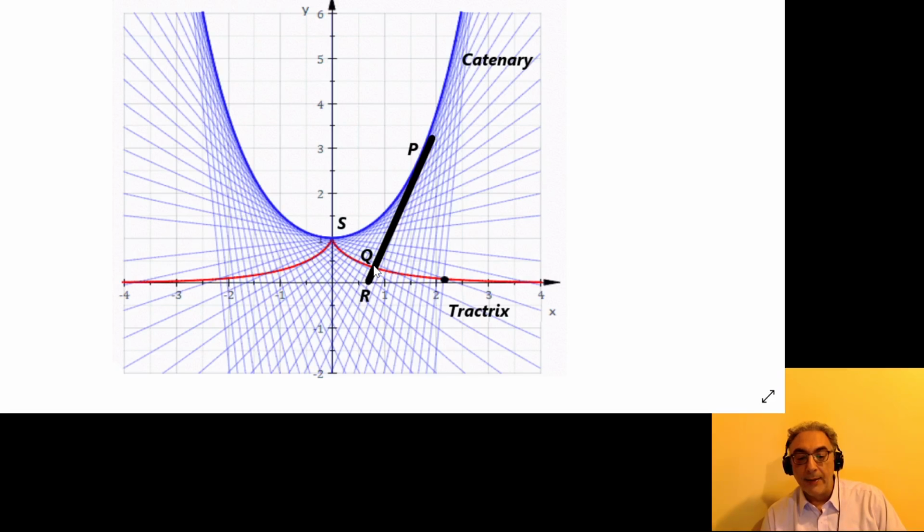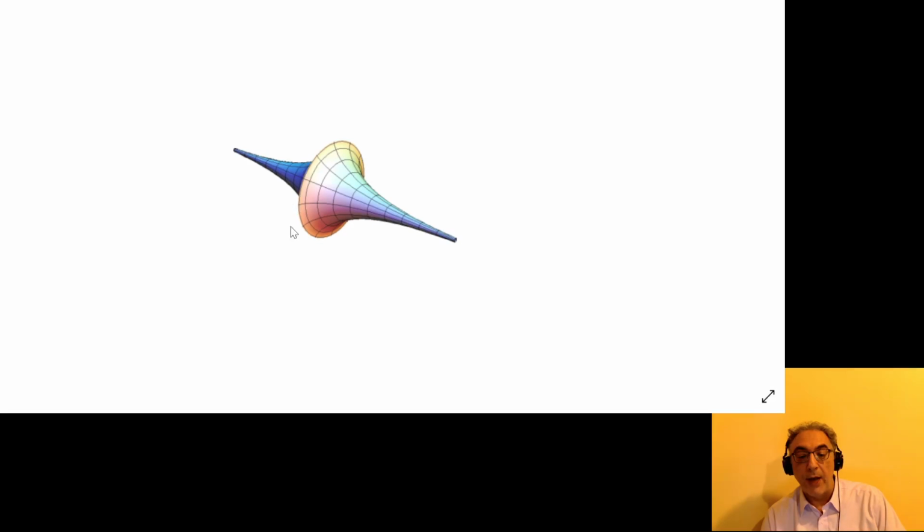Now we have to relate, since we have in the cross-section these two curves, this point, first of all, with respect to the length of this segment here, which is the tangent to the catenary, or equivalently, the normal to the tractrix, and this distance here, QR, which is the length from the point on the tractrix to the axis of symmetry of the pseudosphere.